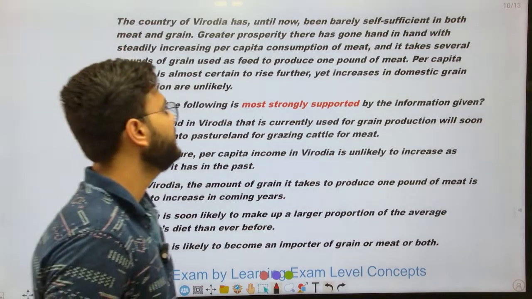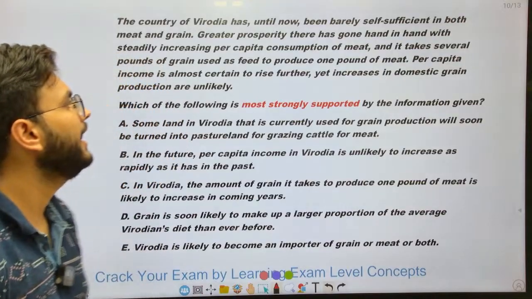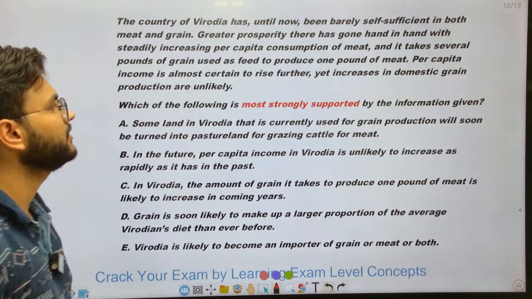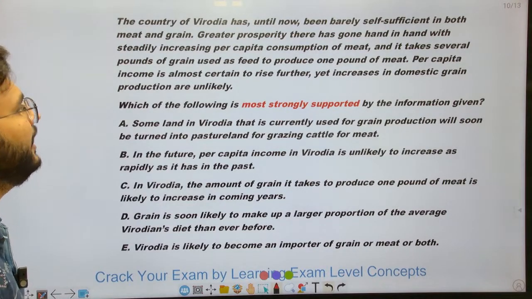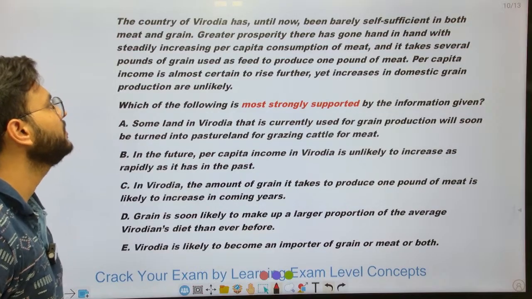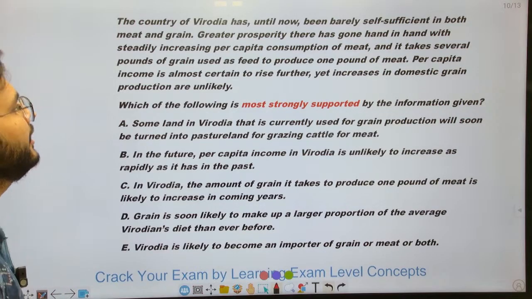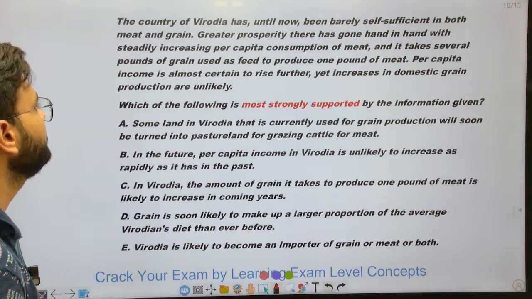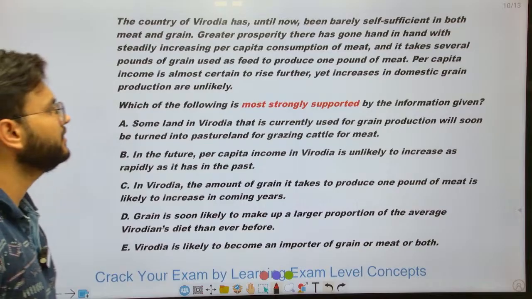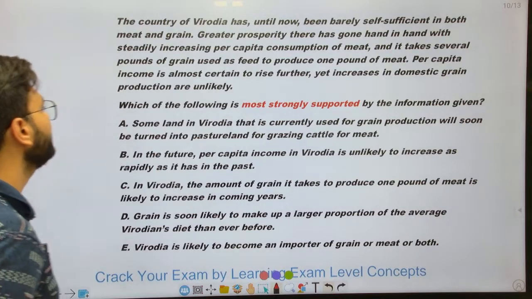Greater prosperity there has gone hand in hand with steadily increasing per capita consumption of meat, and it takes several pounds of grain used as feed to provide 1 pound of meat. Per capita income is almost certain to rise further, yet increases in domestic grain production are unlikely.